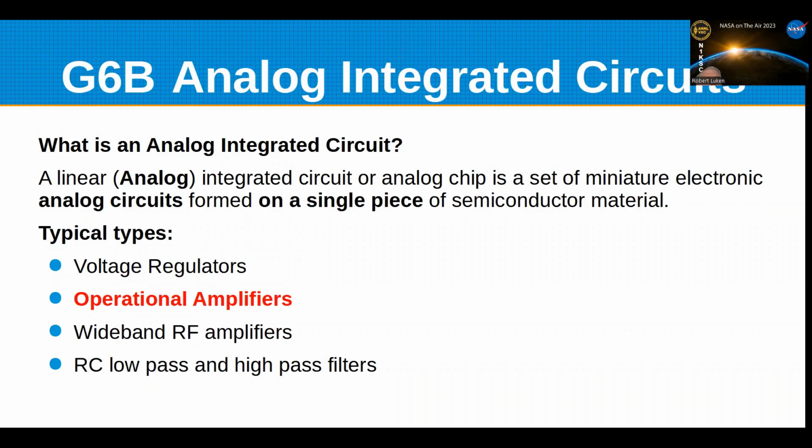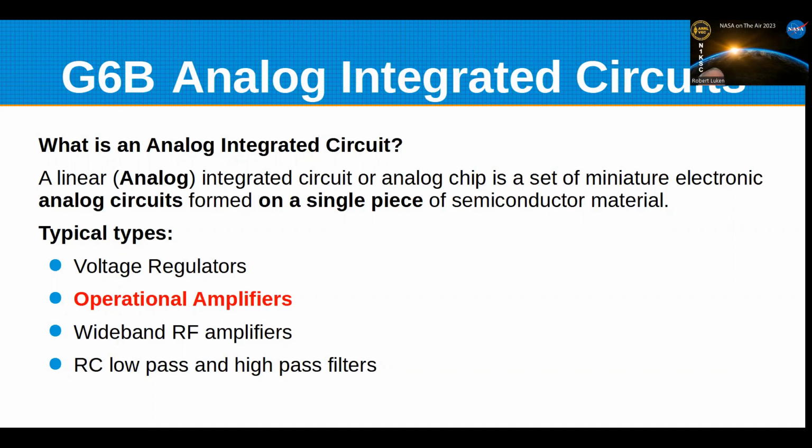So what is an analog integrated circuit? It's a linear integrated circuit or analog chip on a single piece of semiconductor material. Can have one or more analog circuits on it.